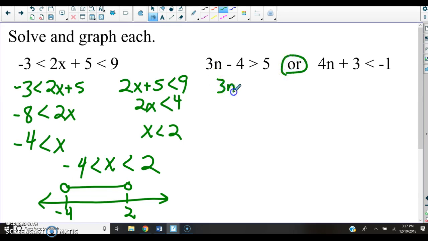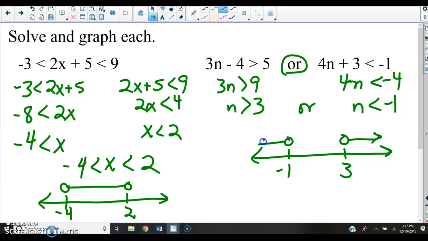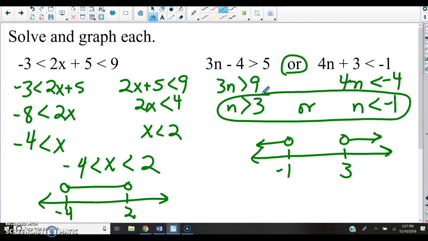When I add 4 to both sides on this, divide out my 3, n is greater than 3. Here, when I subtract 3 from both sides and divide by a positive 4, I have choices of numbers greater than 3 or less than -1. And that's the way you'd have to write that inequality. There's the graph for it.